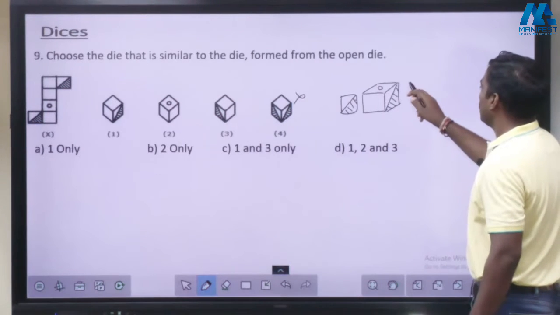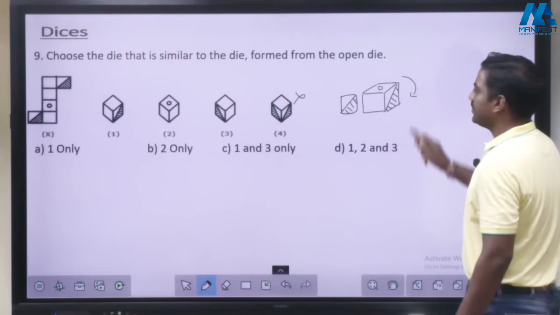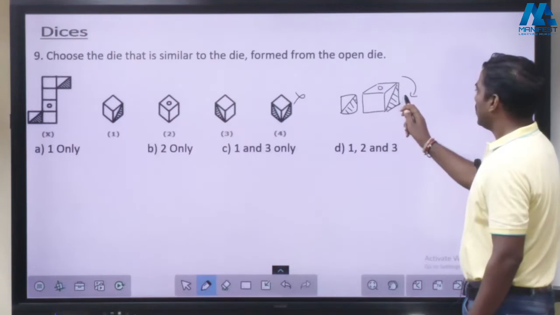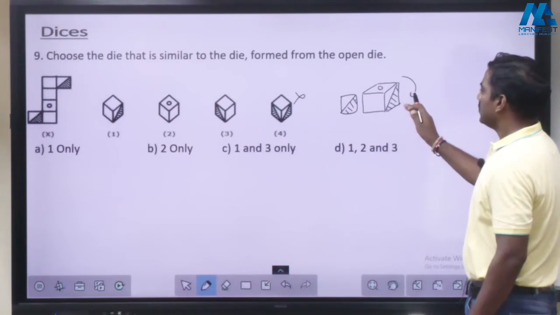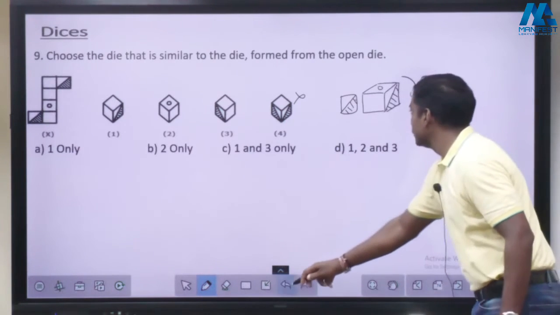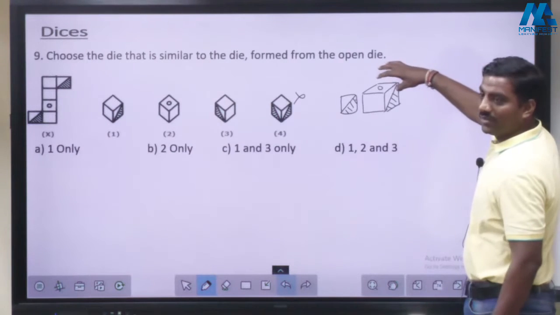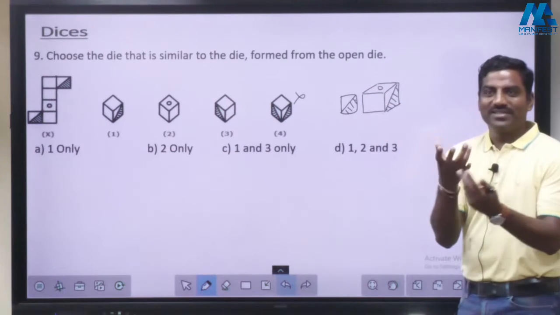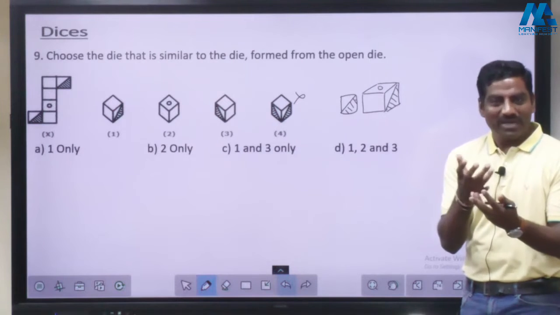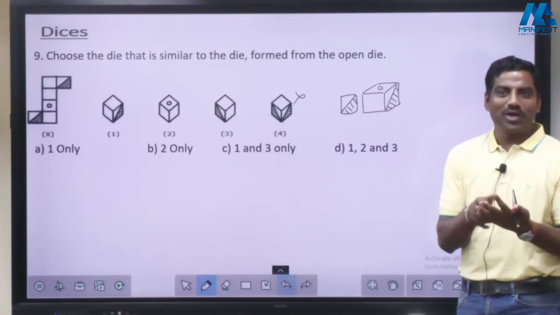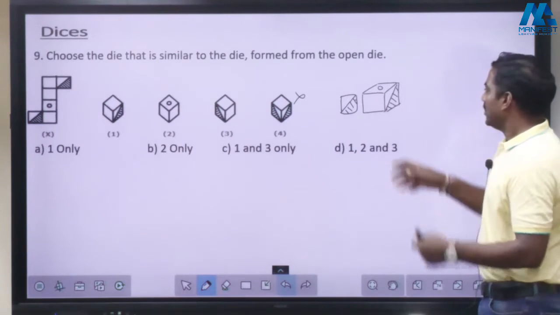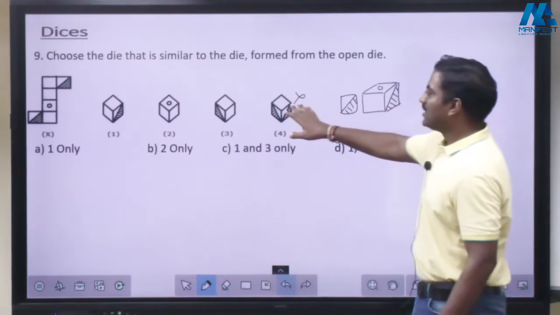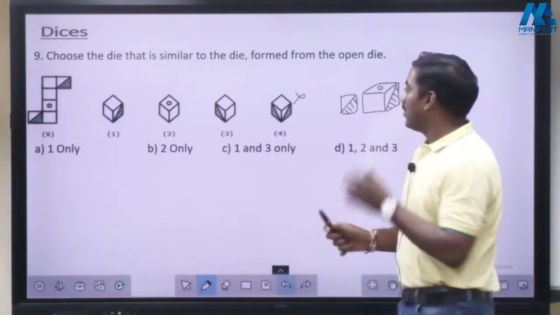So when I rotate like this, very tough one. Best we can make a box, but in the examination hall you cannot make a box, no? So anyways, this is ruled out. We'll find other ways out.